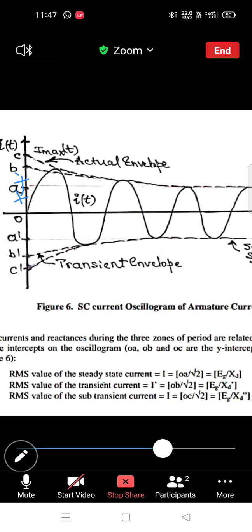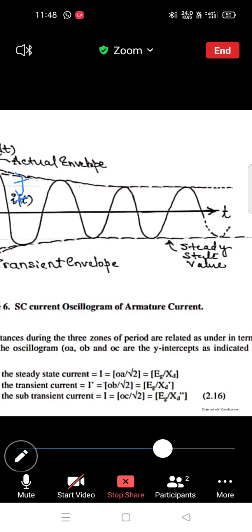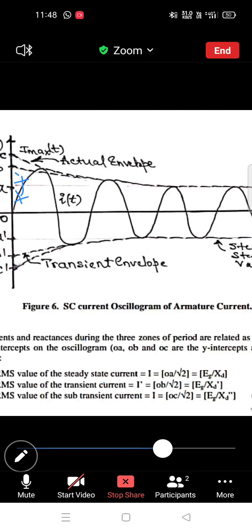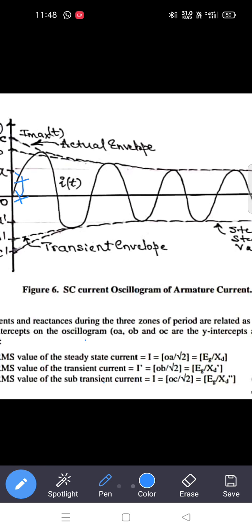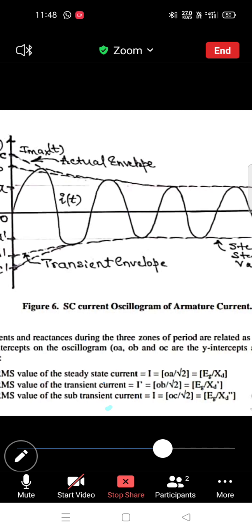Then the transient current will be OB upon root 2 equal to EG divided by XD dash, and the sub-transient current I equal to OC by root 2, so EG upon XD double dash. This will be the calculation for our reactances, sub-transient and transient reactances.